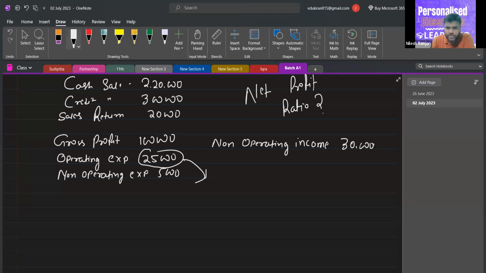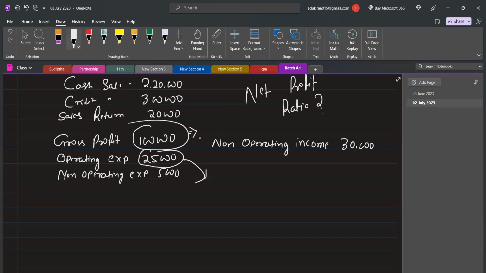1 lakh plus 30,000 minus 25 minus 5. You will get same amount of gross profit, that is 1 lakh. Okay.